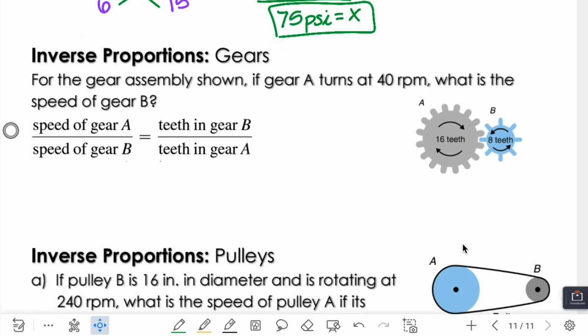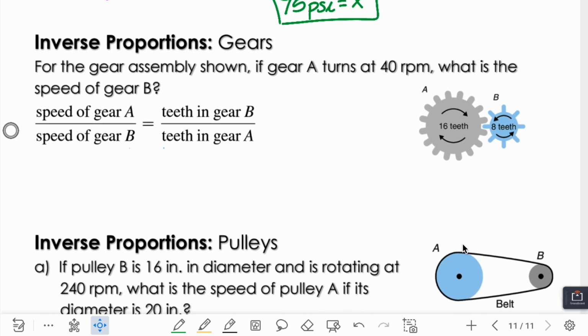When you look at gears, okay, for the gear assembly shown, if gear A turns at 40 RPMs, that's revolutions per minute, what is the speed of gear B? So gears, and like on the next one with pulleys, these are inversely proportional. The more teeth you have on a gear, the slower it's going to go.